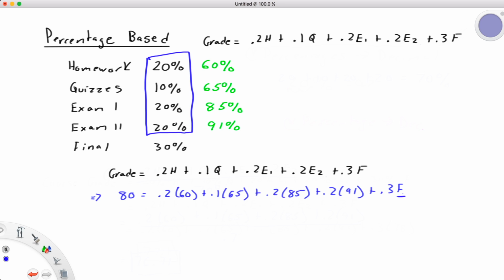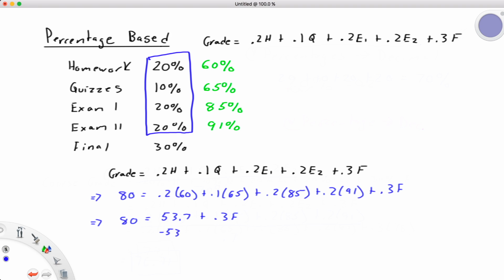We want to figure out what value it's going to take in order for our final grade to equal 80. And so we can start to solve by simplifying both sides first, right? And so we'll have 80 is equal to 53.7 plus 0.3F when we add all of these up.